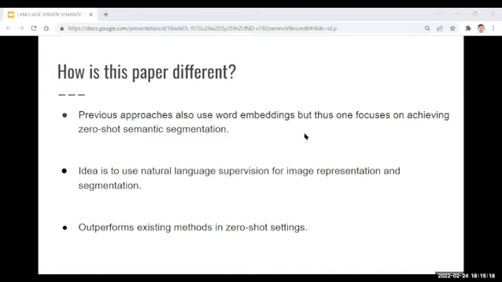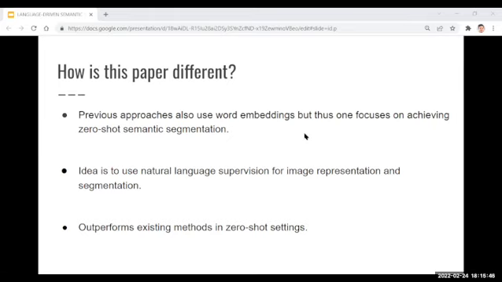It has not developed a new model of its own; it combines state of the art language models and image models together, with the idea of achieving very good accuracy in zero shot settings.